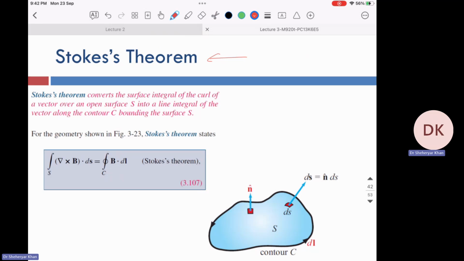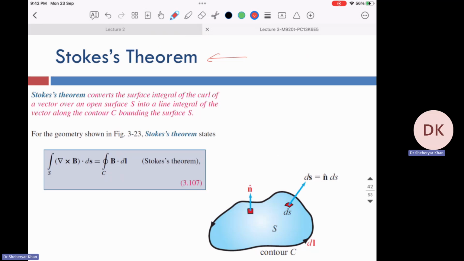Now, if you want to find V dot dl along length 1, length 2, length 3, length 4, it's going to take a long time, right? For a square or rectangle, you need 4 V dot dl terms, combining 4 dl, right? But if you find the curl of the field and then take the surface integration, you can do the same thing.